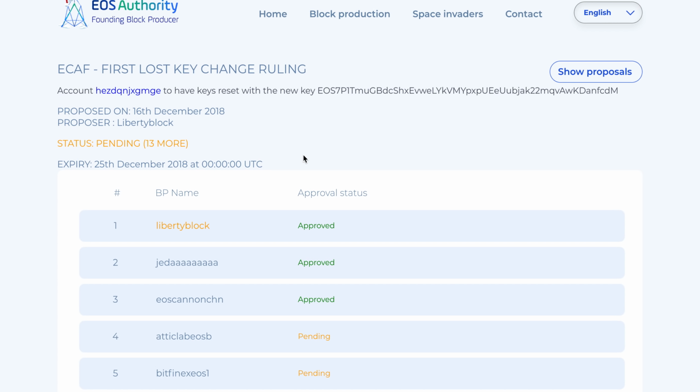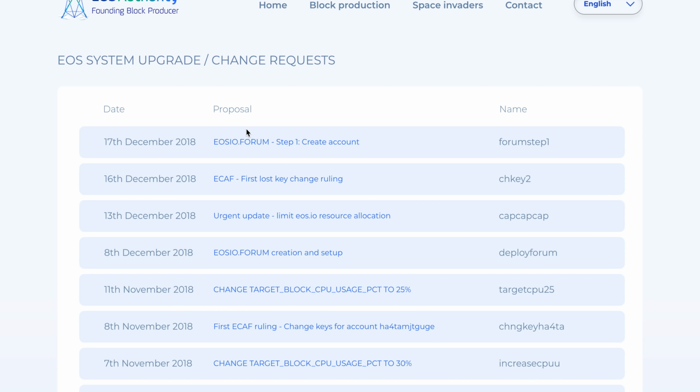As you know, I have always talked about ECAF being an attack vector. We talked about a fake ECAF order which was issued a few days back, and it's a controversial topic. So I would hope that this gets sorted out, and this is a great example of how this is going to play out.